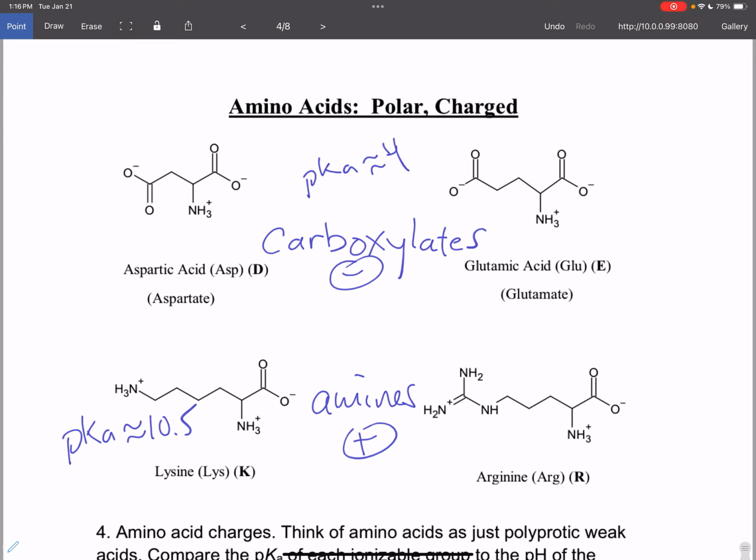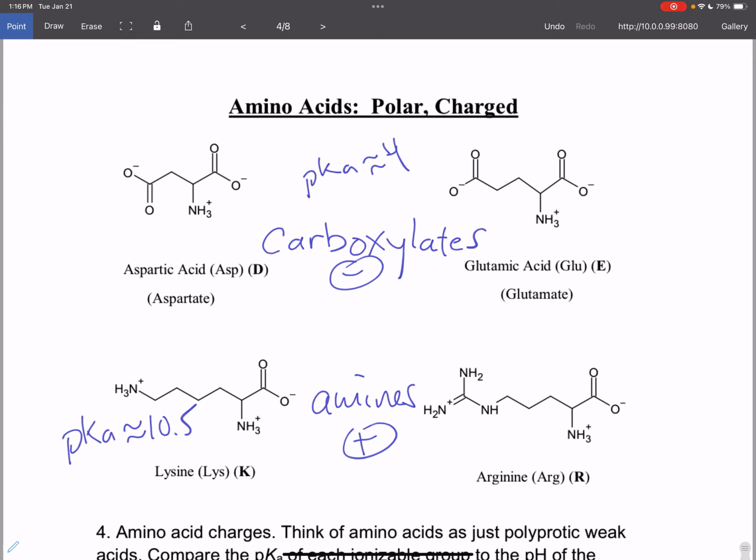These are nitrogen-containing amine side chains that are going to be positively charged at physiological pH. Arginine is pretty much always going to be positively charged; it has a very high pKa. Lysine is a little bit over the edge of our range, up about 10.5. Again, I don't need you to memorize those exact pKa values, but it should make sense that this being a protonated amine, it's going to have a pKa somewhere around 10 or so.